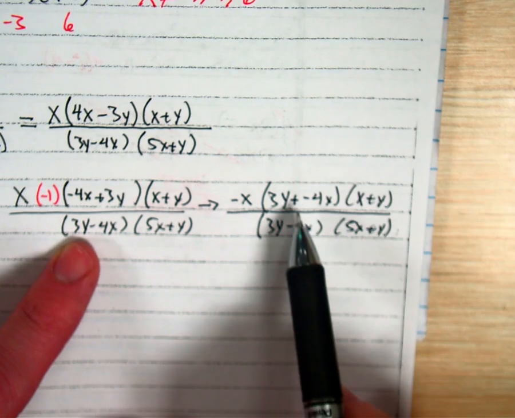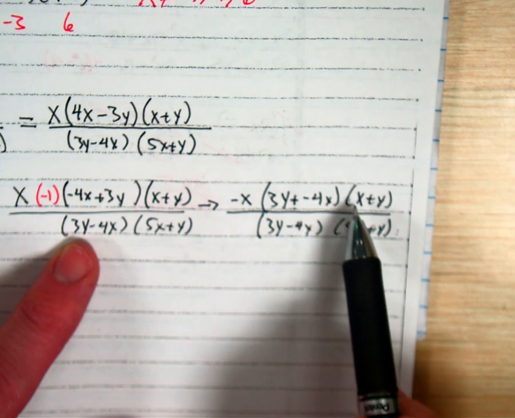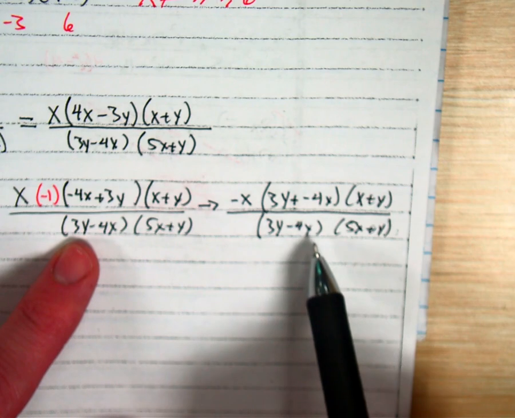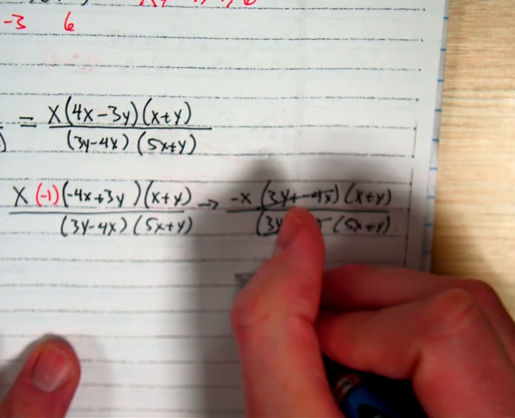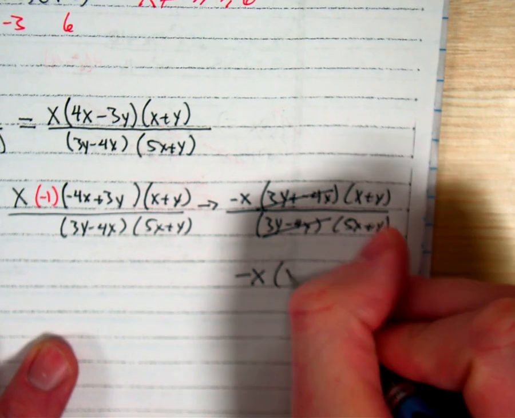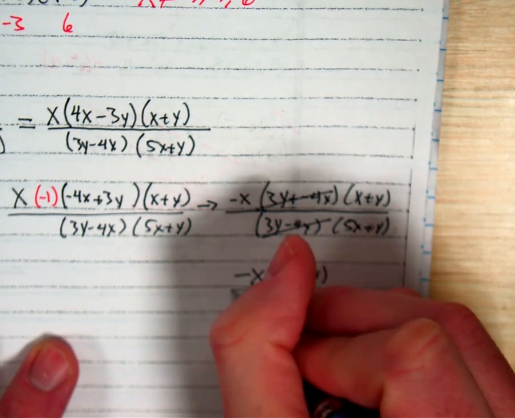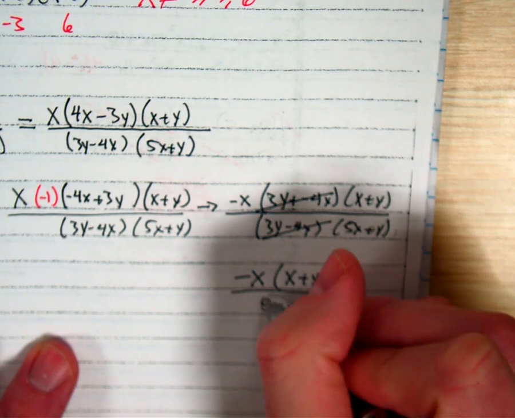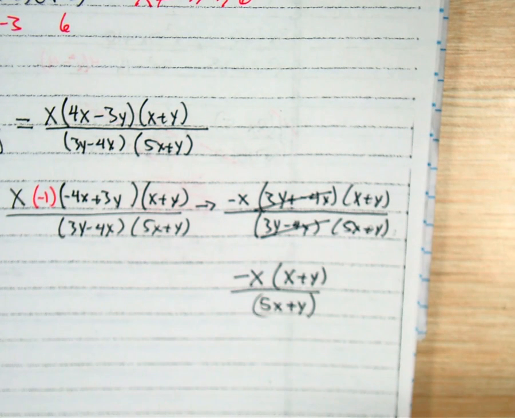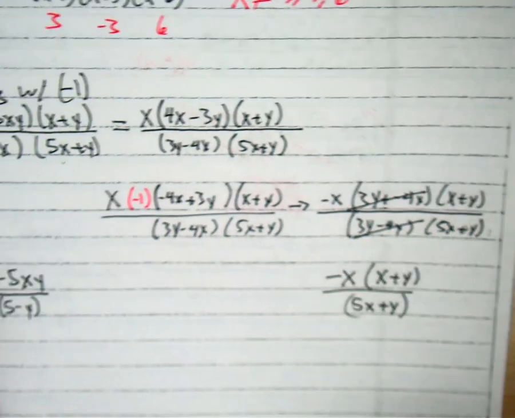And 3y plus negative 4x is the same as 3y minus 4x. And now they'll cancel, and we'll have negative x plus y on the top, over 5x plus y on the bottom. So that's why you can do that negative 1 trick.